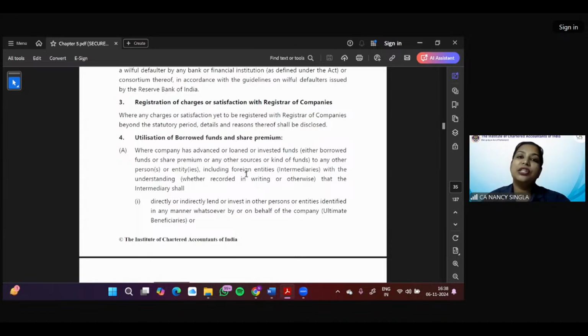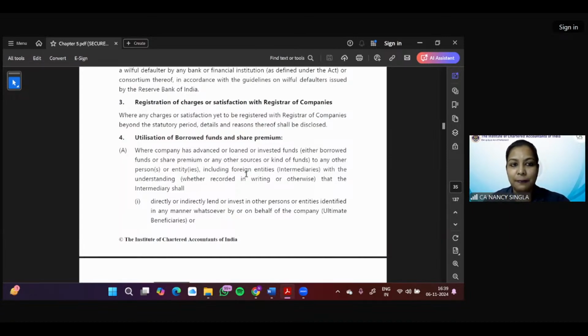And satisfaction is when the loan is repaid, then that charge will be removed from that asset, and that is also registered with the registrar of companies. So if in both situations the charge or the satisfaction is not registered with the ROC beyond the statutory period, then the details and reasons thereof shall be disclosed by the company itself. Simple. Is it clear? Quickly send in your replies.